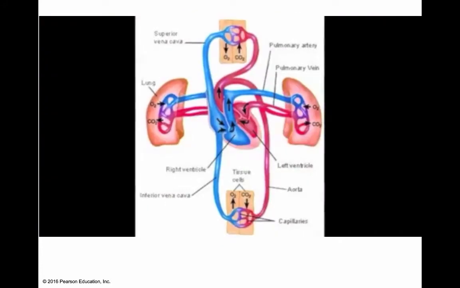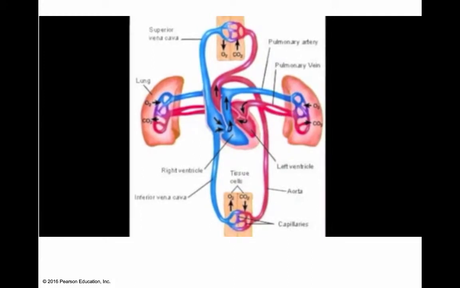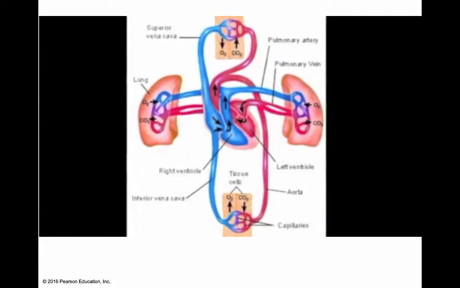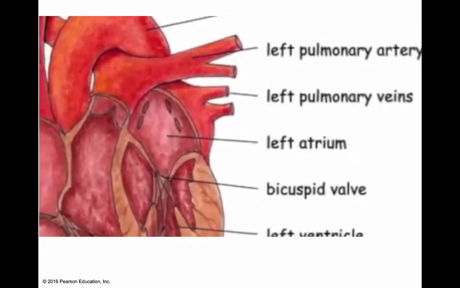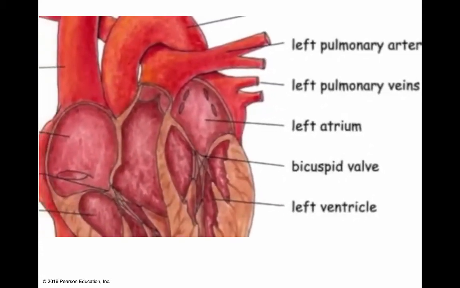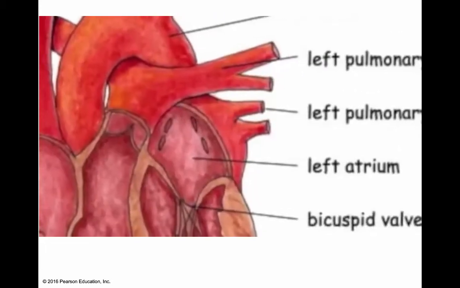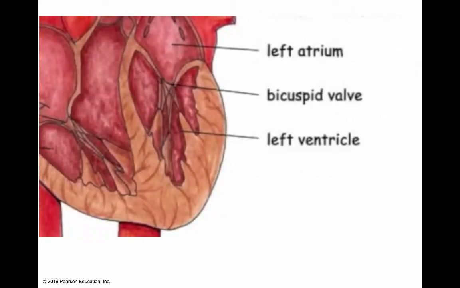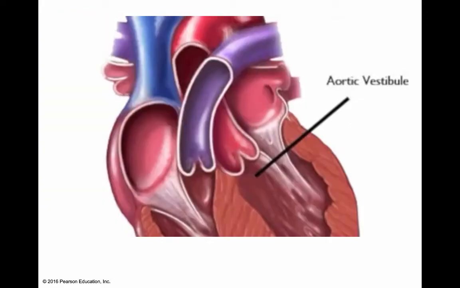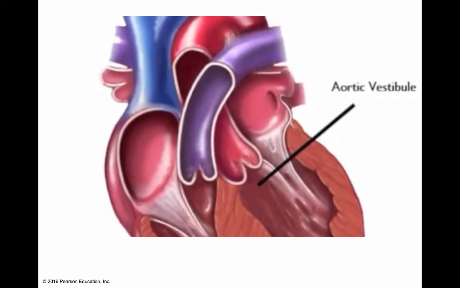Hey, don't forget, the blood gets oxygenated, and pulmonary veins take blood back to your heart. Left atrium must relax and blood flows through bicuspid. Left ventricle contracts and forces the valve open. Aortic vestibule, oh, you are so smooth.